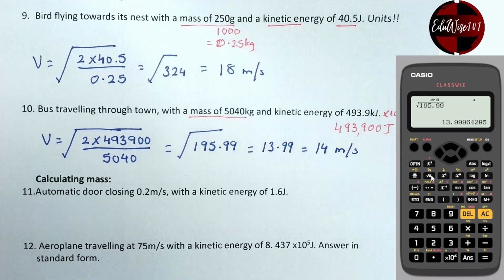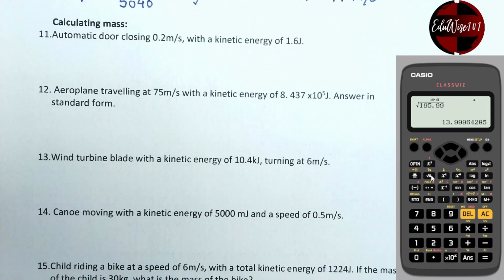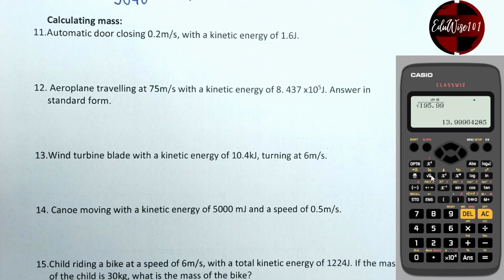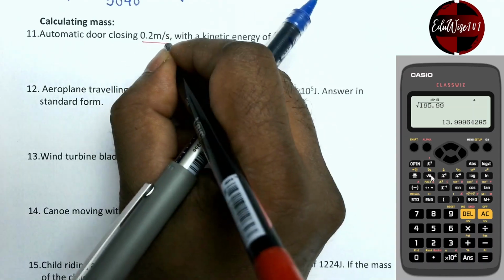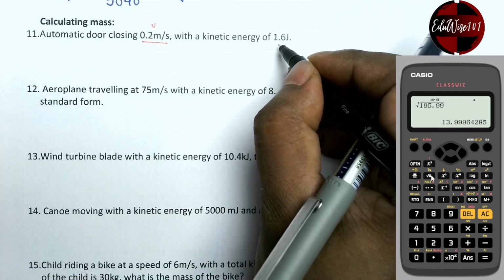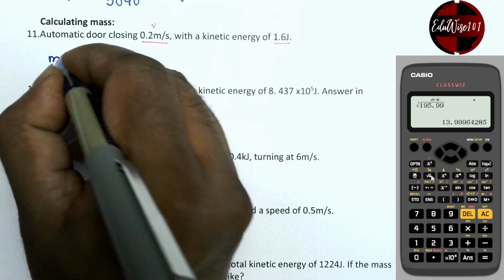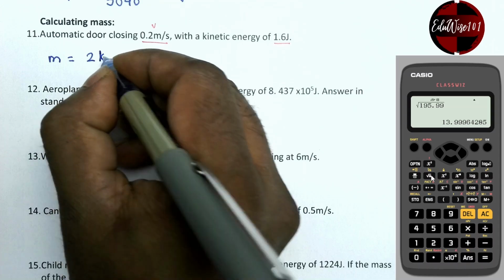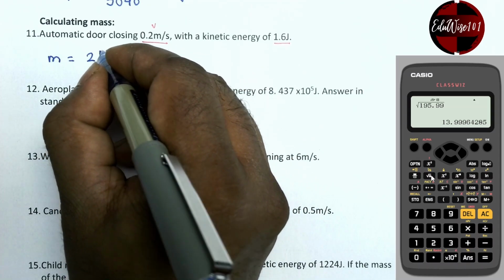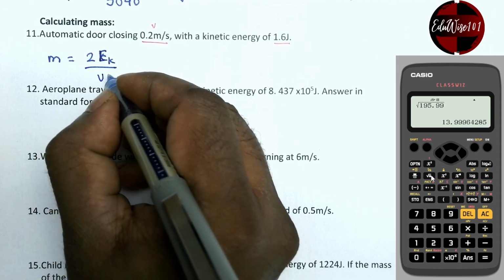Question number 11. The rest of the questions are on calculating the mass. An automatic door closing 0.2 meters per second. That will be the velocity with a kinetic energy of 1.6 joules. So remember, mass equals 2 EK divided by V squared.